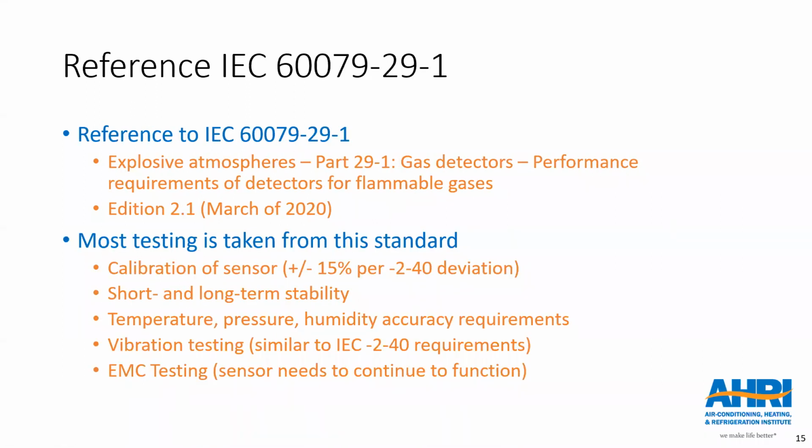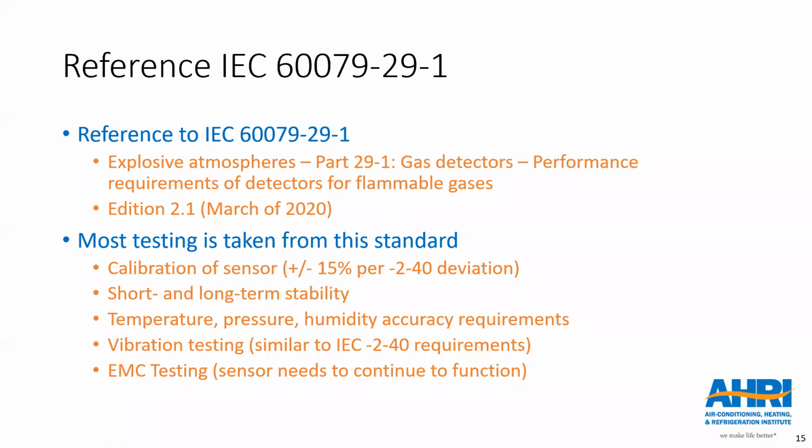There's also vibration testing called out in the IEC standard. This vibration testing is very similar to the existing IEC 2-40 requirements. There's also electromagnetic compatibility testing. The interesting thing about this test is that the sensor needs to continue to function throughout the entire test, so it needs to continue to perform its intended function.